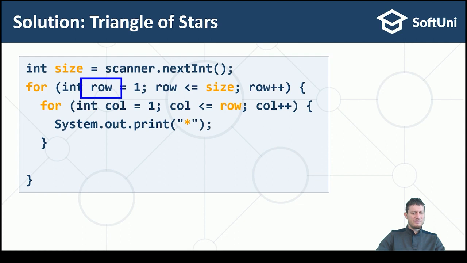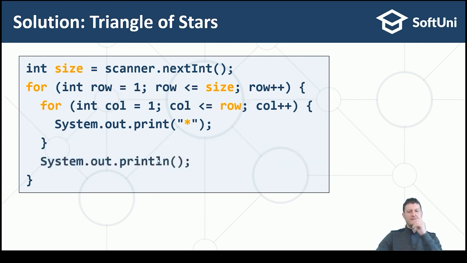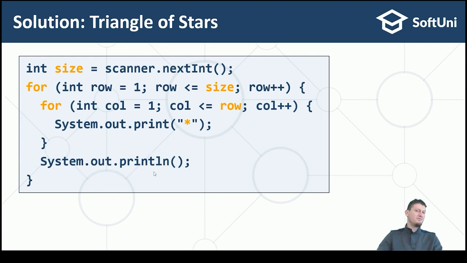So this serves as the end value for the internal or nested loop. And after I have printed all the stars for the current row, I go to the next line, because otherwise all the stars will be printed on a single line. It will be just a sequence of stars.